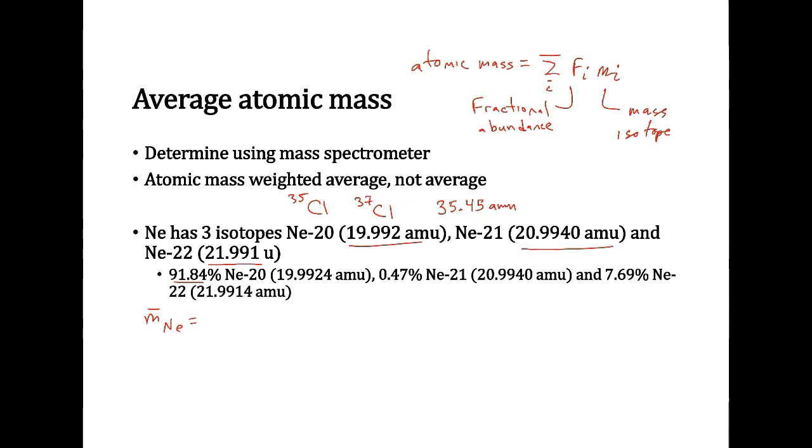mass of the isotope. Whenever we're converting 91.84% to a fraction, we'll have 0.9184, which won't have any units, times the mass of the isotope, 19.9924 AMU.